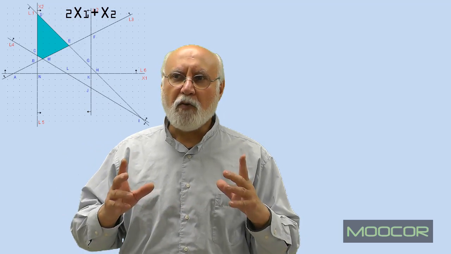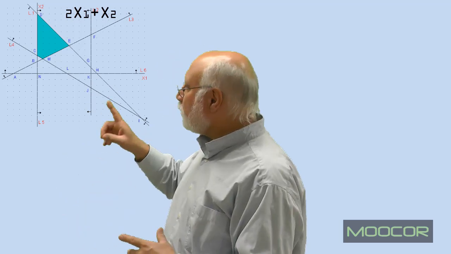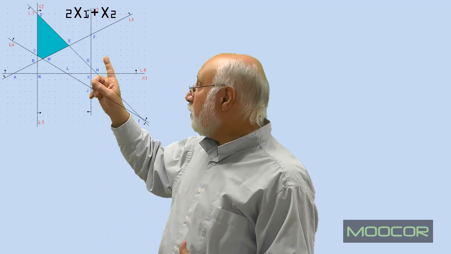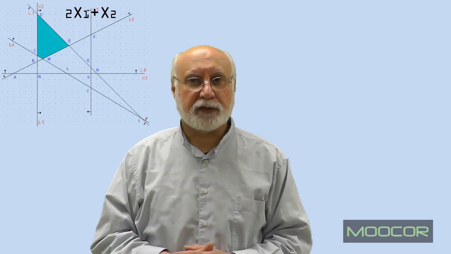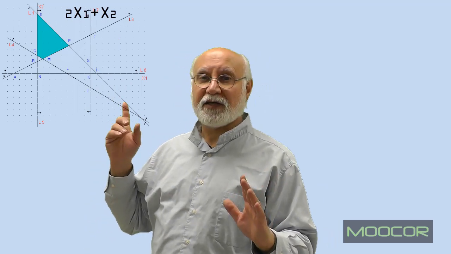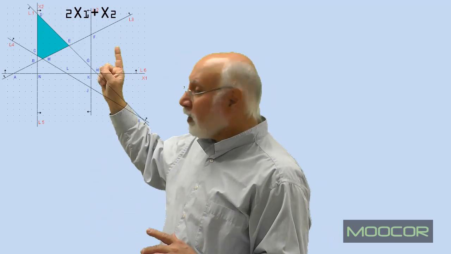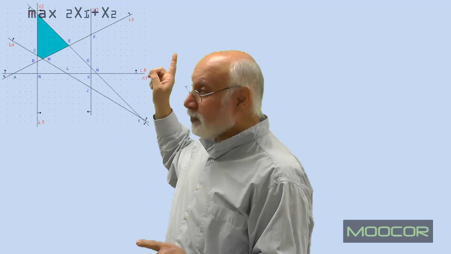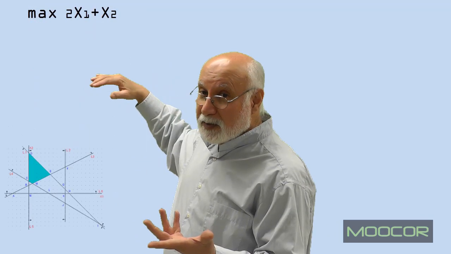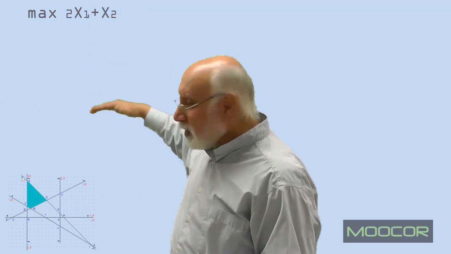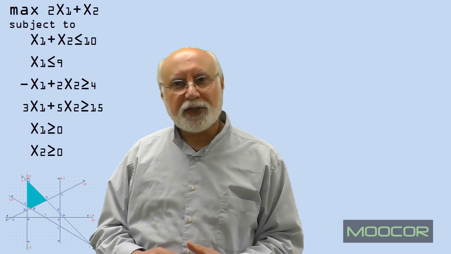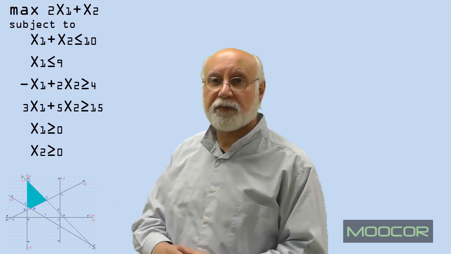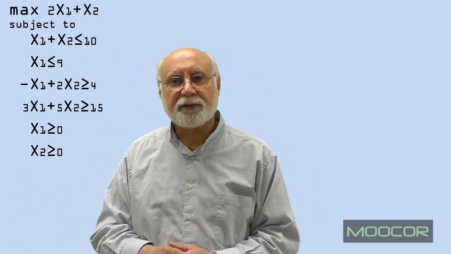And you say, oh, I want to see which one of these solutions will give me the largest number for that function. So our concern is to find the maximum of this function subject to this set of restrictions that will define our feasible region.